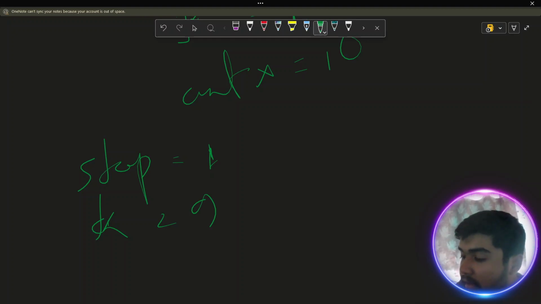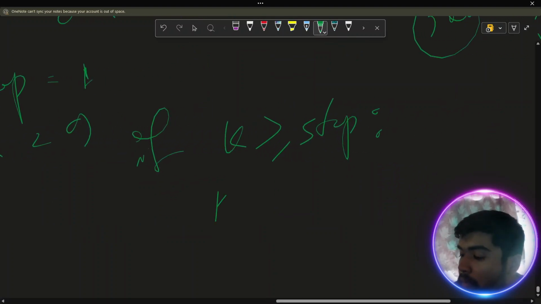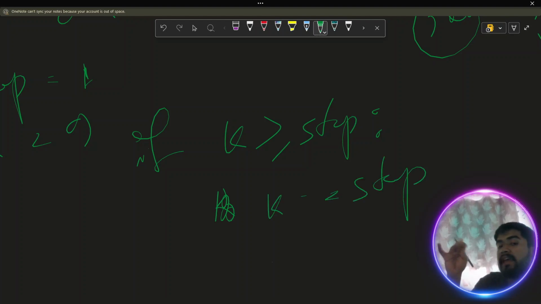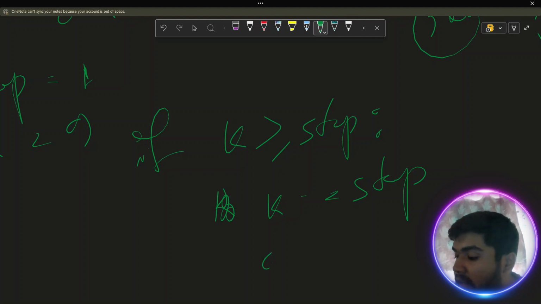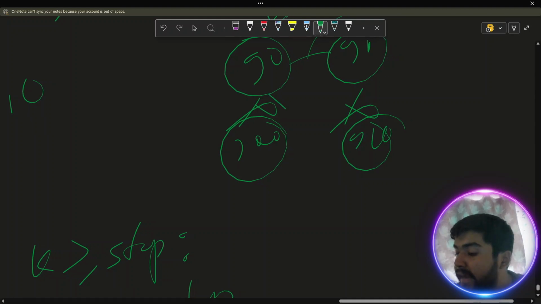So if my k is greater than or equal to my steps, then we can do k minus equals to steps, and we can increase our current. So current becomes current plus 1. So from 90 we go to 91.